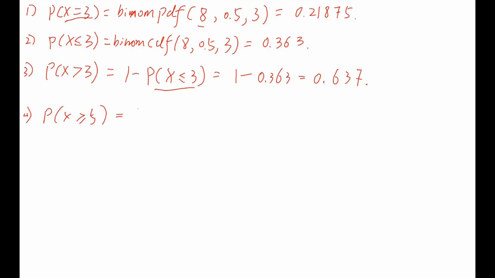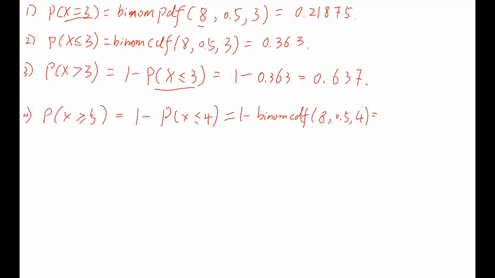So it is 1 minus the probability for x less or equal than 4. So what is that? 1 minus binorm CDF. So here is 8, 0.5 and 4. So what did we get?